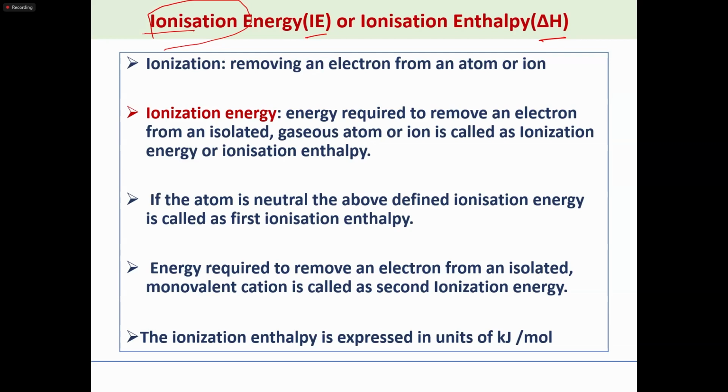So ionized means that we can add electrons or we can remove an electron. Suppose this is a metal. If one electron is added, it will become an anion. If I remove one electron, it will become a cation. So that is the ionization process.